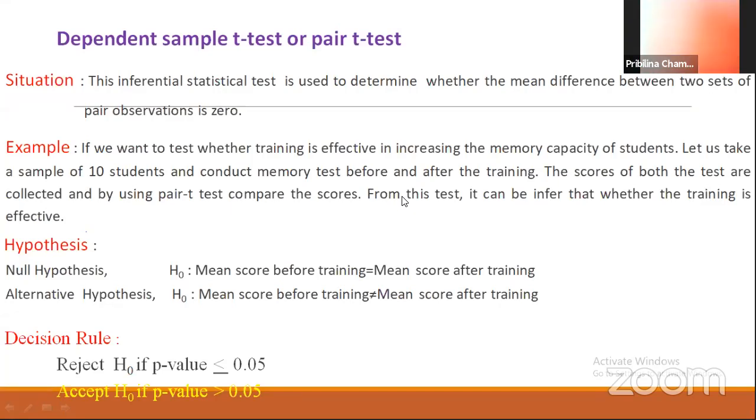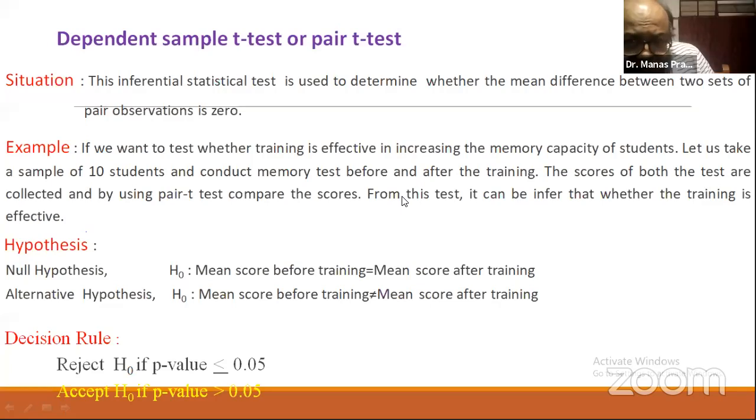So I got two scores, no? One before the memory training program and one after the training program. So I want to check whether the means of both the groups are the same or not.